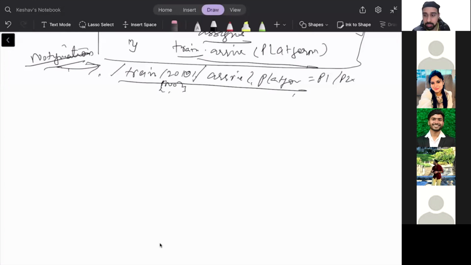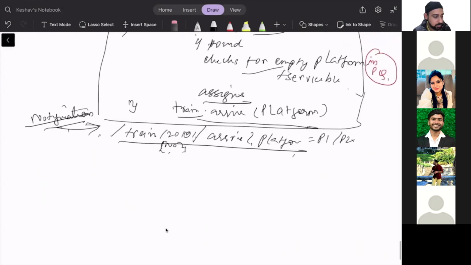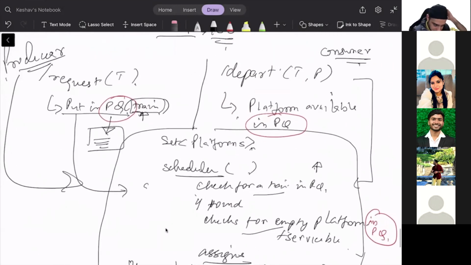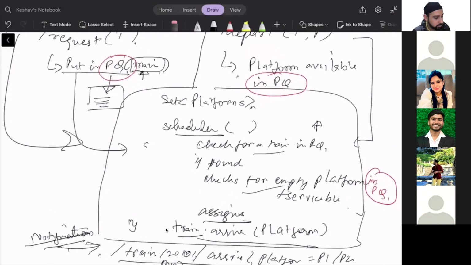I have one question. In the scheduler class, whichever way we are scheduling, will it also be the source of truth for platform status? The scheduling logic is single threaded, right? But when you assign a platform to a particular train and that platform status changes, how will you make sure of that?